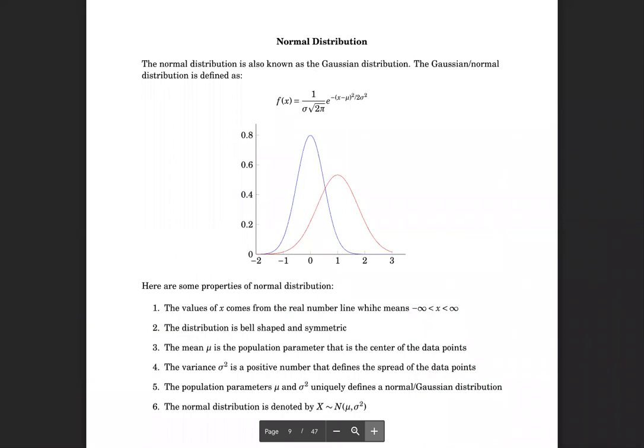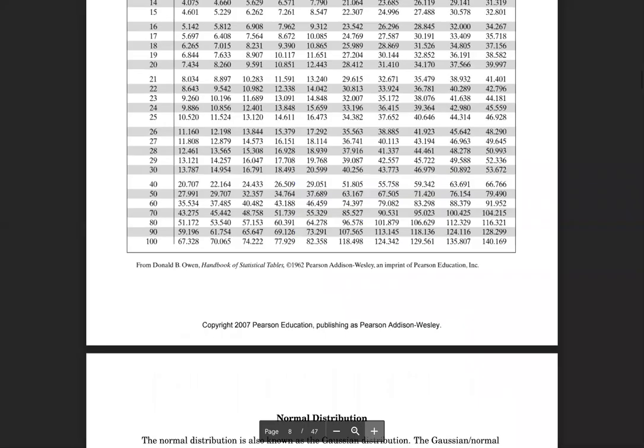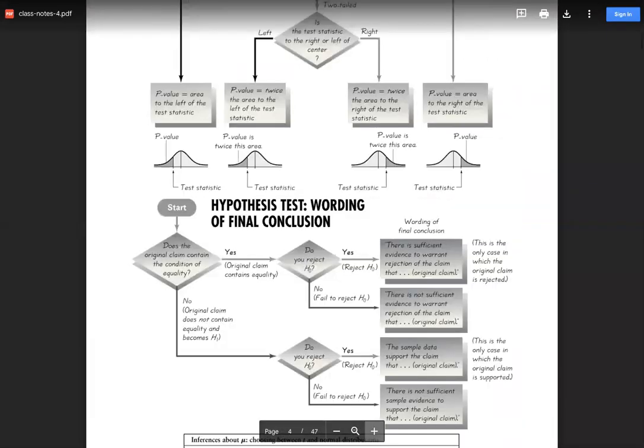I sent you a class note, lecture number 4, class notes 4. In that class notes, by the way, the very first thing you will find is a formula sheet and a bunch of formula sheets and tables. Those are things that you will be needing for the rest of the semester. So let's go ahead and look at it.